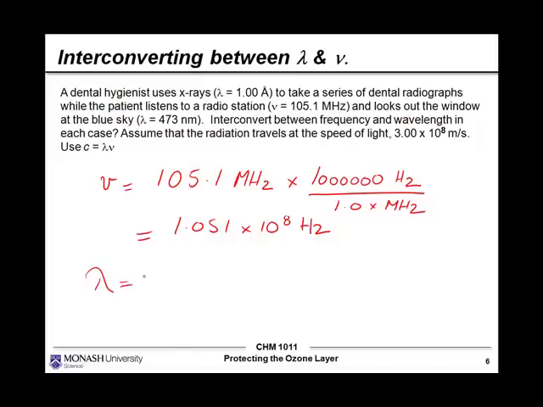We want to calculate the wavelength. Speed of light divided by the frequency. 3 times 10 to the power of 8 meters per second divided by the frequency in hertz, which is also seconds to the -1.